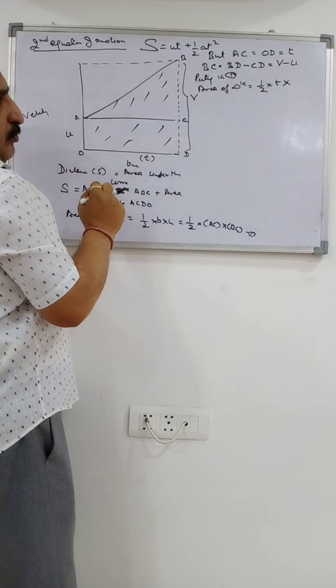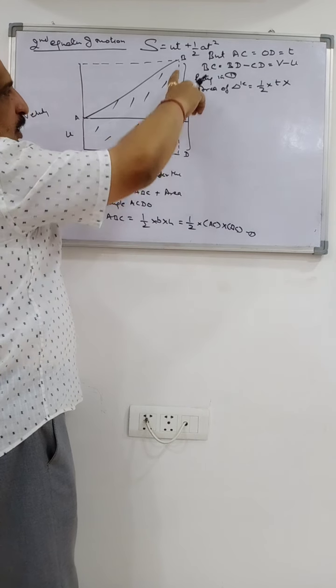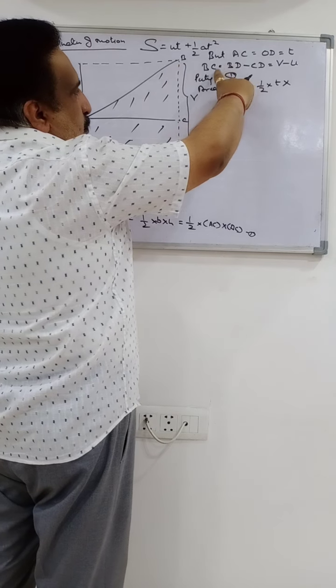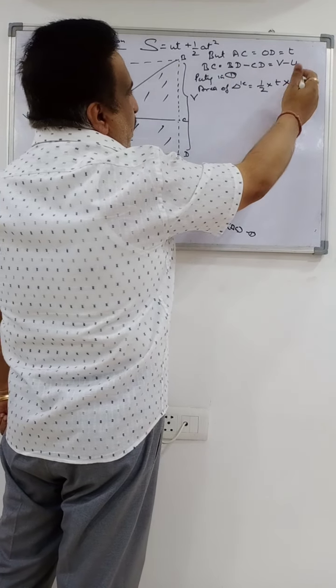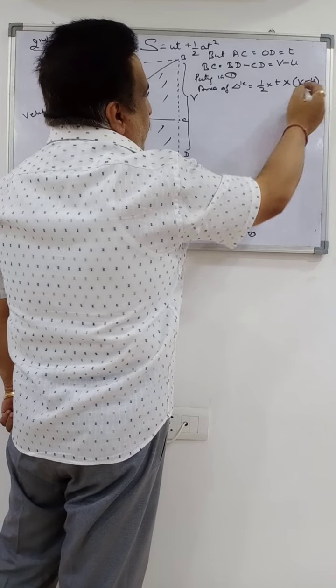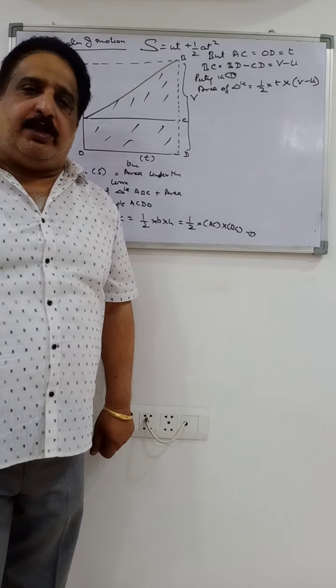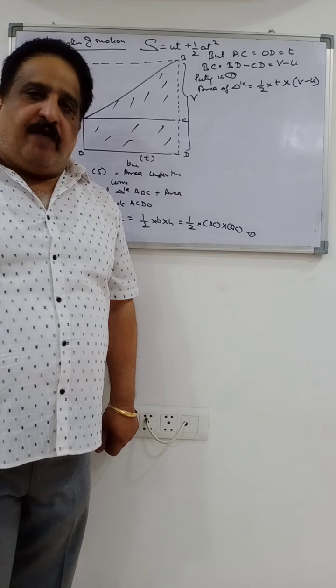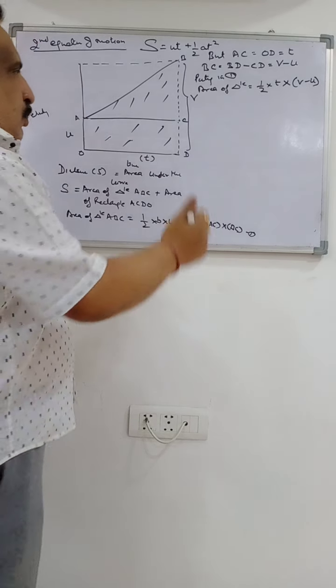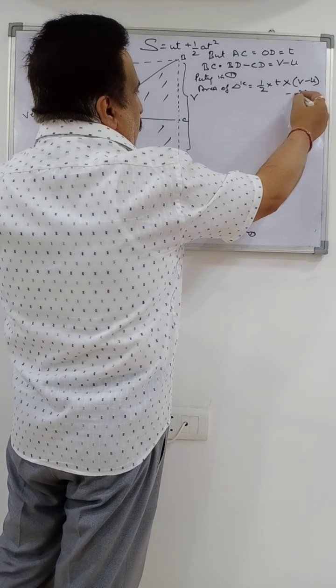What is the height of the triangle? BC. BC is BD minus CD, which is equal to V minus U. So the area of triangle is half into T into V minus U. Now this is equation 2.